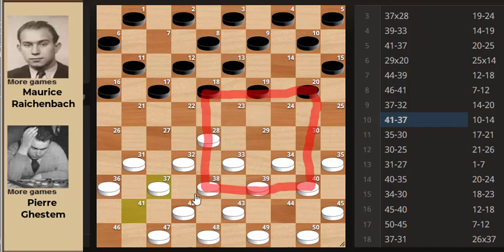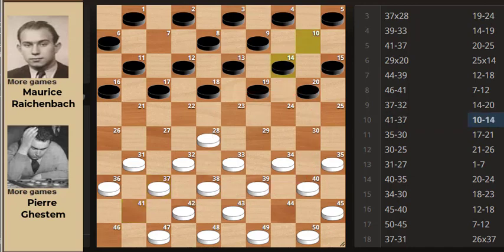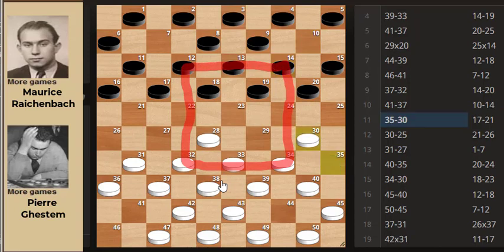That's what Ghestem played. 10-14, we draw the square. So we draw the square to know where we need to move to. Ghestem decided to move to 30. So Ghestem played 35-30.